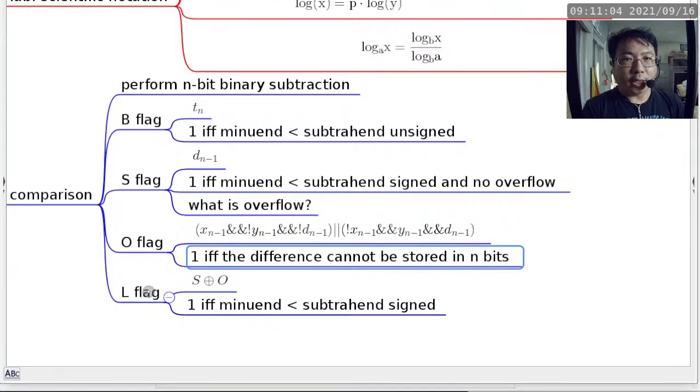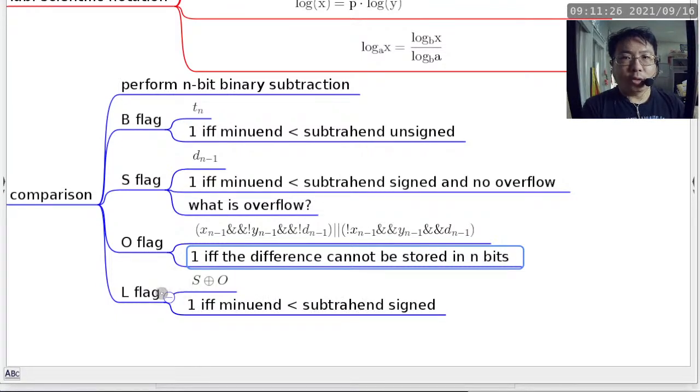The L flag, mechanically speaking, the lab is for the most part, and actually for the whole part, mechanical. In other words, we just have to find out how to perform the bitwise operations. But the meaning is not really talked about much in the lab. So the meaning of the L flag is it is a 1 if and only if the minuend is less than the subtrahend, signed.